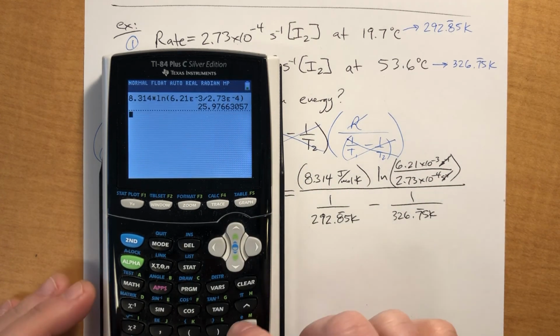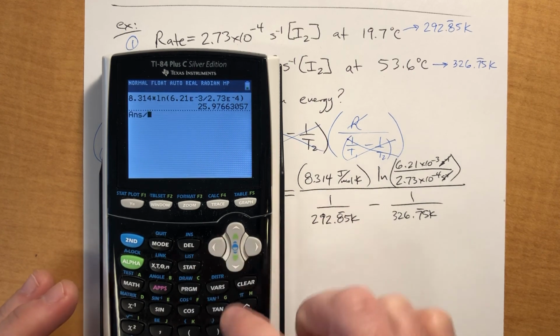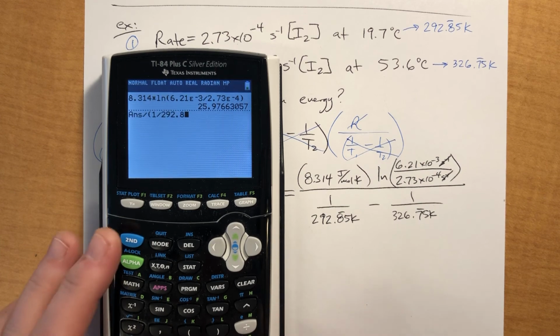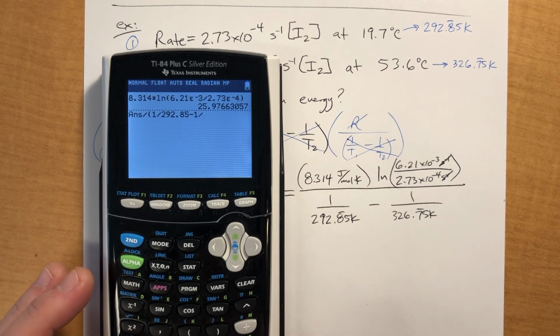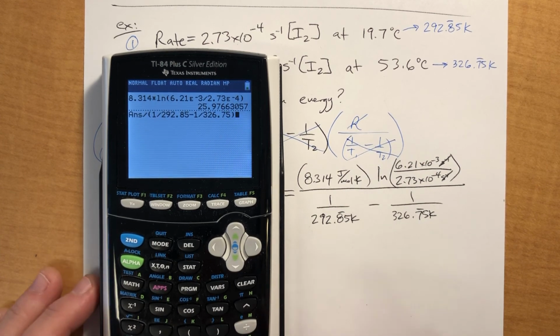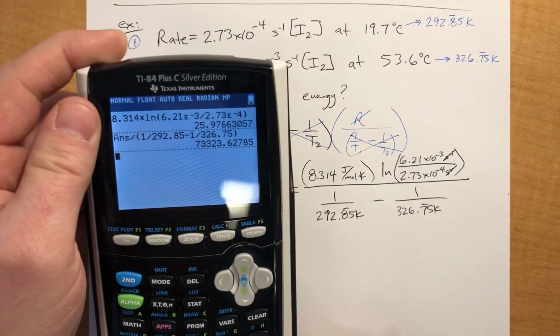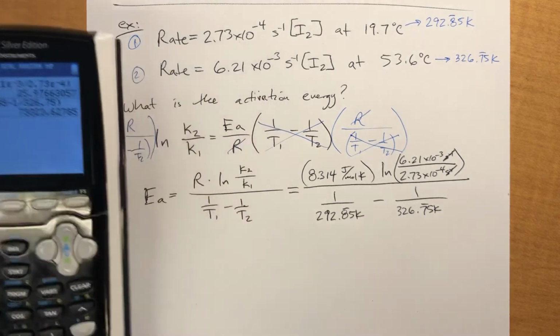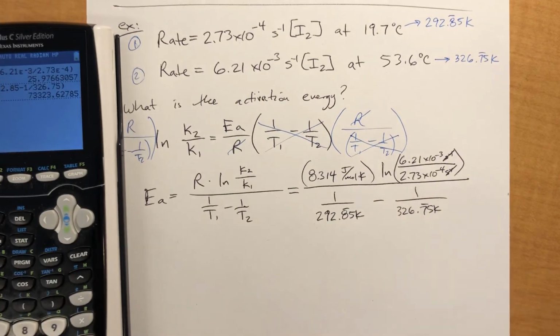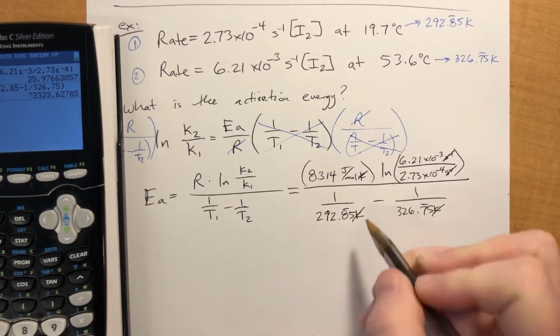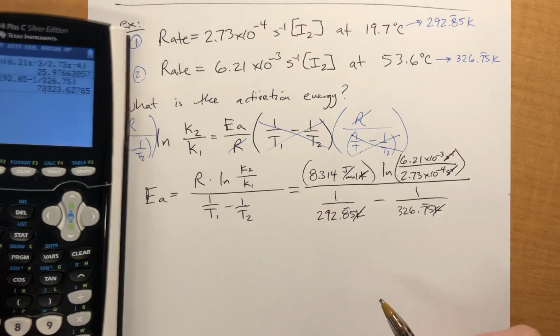Divided by, I'm going to put it in parentheses, 1 divided by 292.85 minus 1 divided by 326.75. And I got a big answer of 73,312. In terms of units, the Kelvins cancel out because they're all 1 over Kelvin. So we end up with joules per mole.